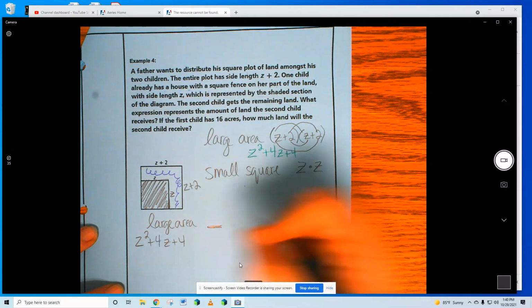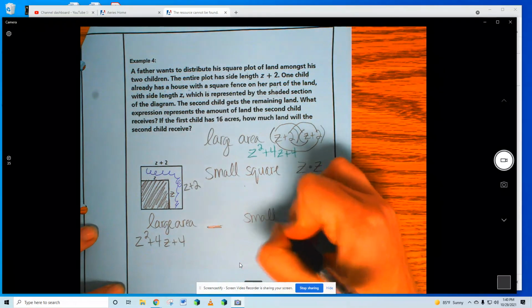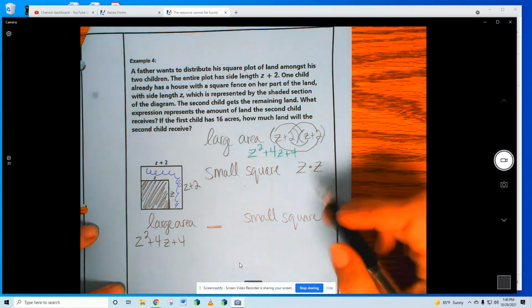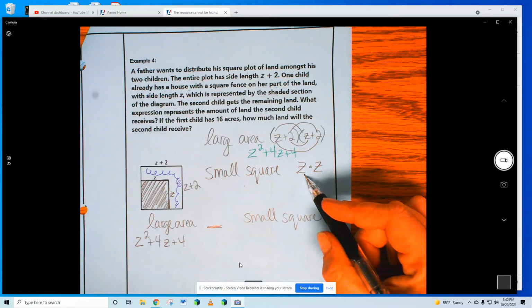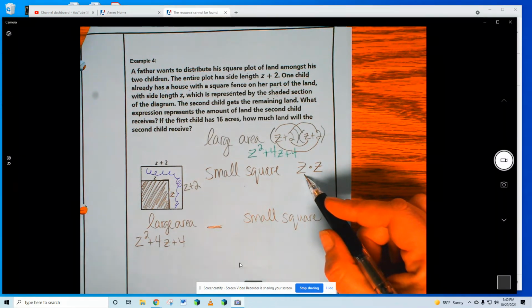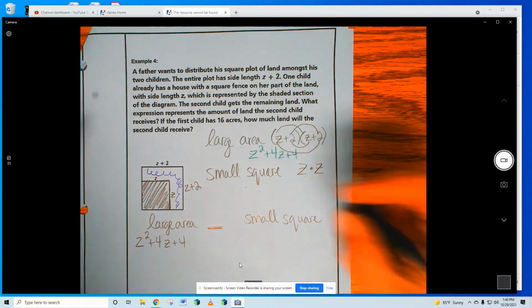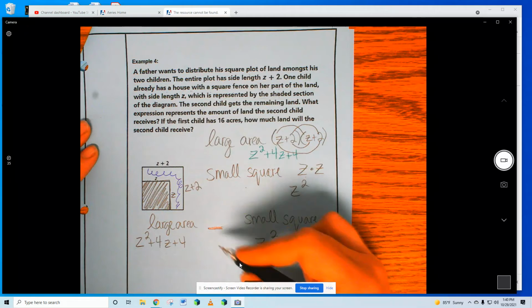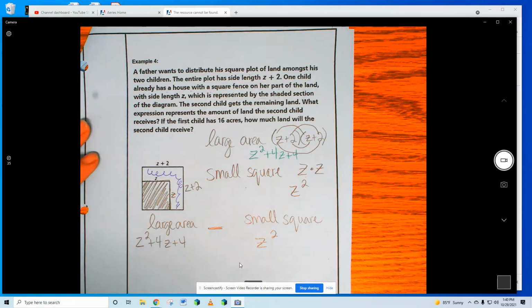Take away my small square. My small square is Z times Z, Z squared. You have to say it with a cool voice, like I did. Otherwise it doesn't count.